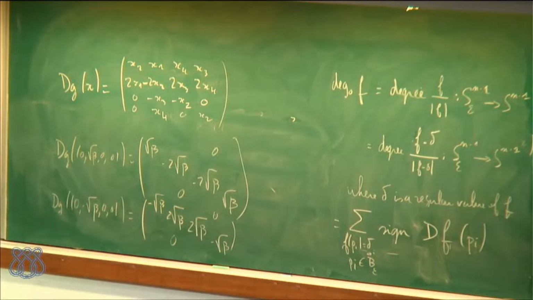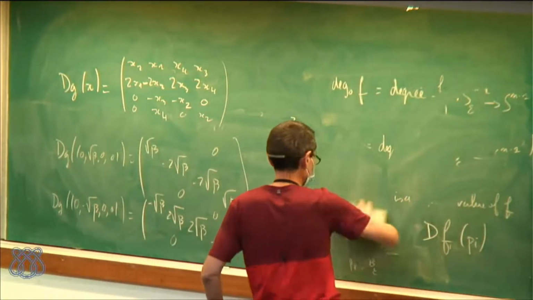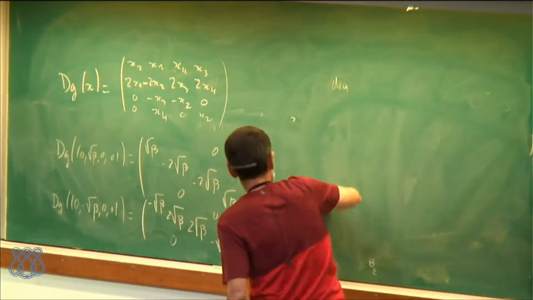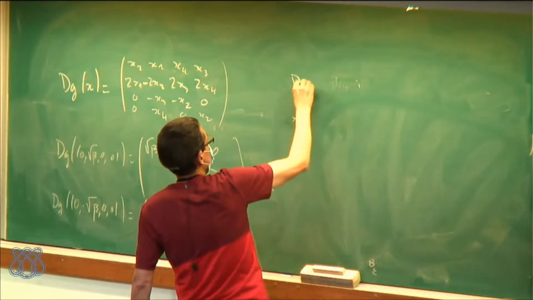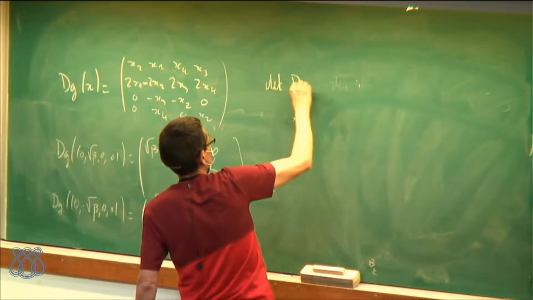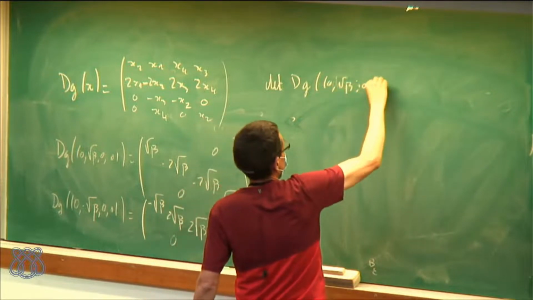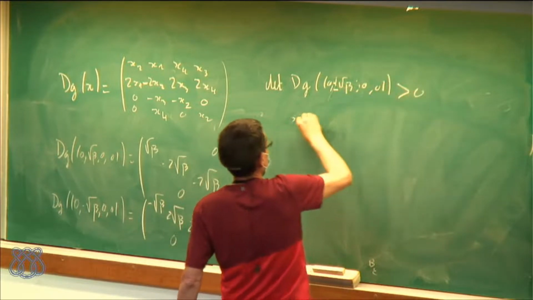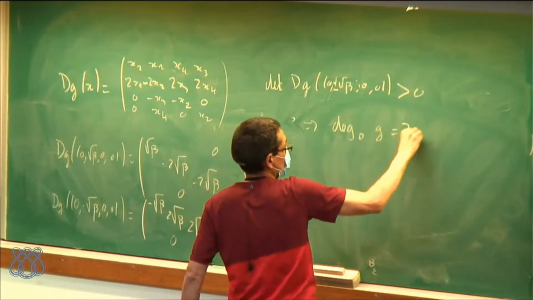So the degree is 2. Okay. So we see that the determinant, here I can put plus or minus, is positive. So the local degree is 2. Okay.